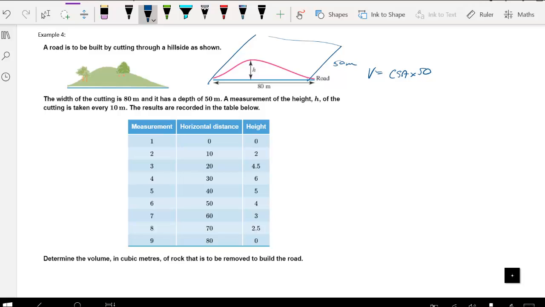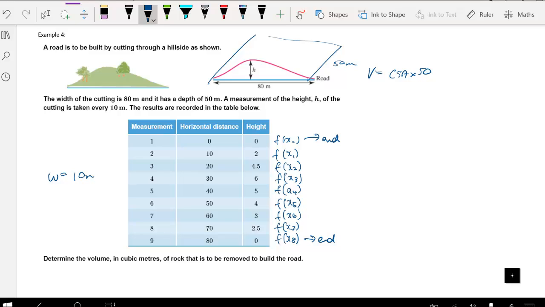So this is a nice little easy application. We can see that it's been broken into 8 sections. So our width is 10 meters. And these values here, these heights, represent our f of x0, f of x1, f of x2, and so on. Okay, so to speed this up, we know that these are our endpoints, so the first and the last value.